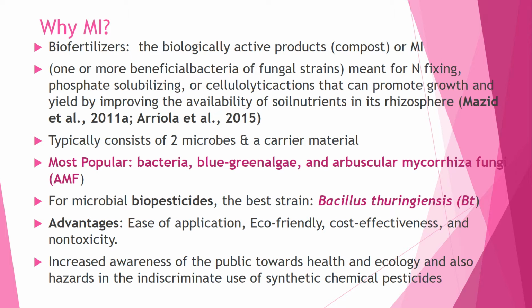Typically, any MI product, microbial inoculant, will contain one or more microbes added with a carrier material to stabilize the MI within the carrier material. Most popular microbes include bacteria, blue-green algae, and arbuscular mycorrhizal fungi, or in short we call it AMF, very commonly used as an MI for agriculture.